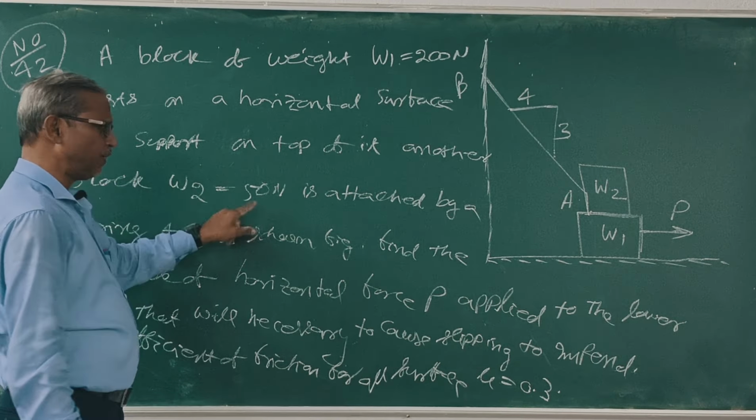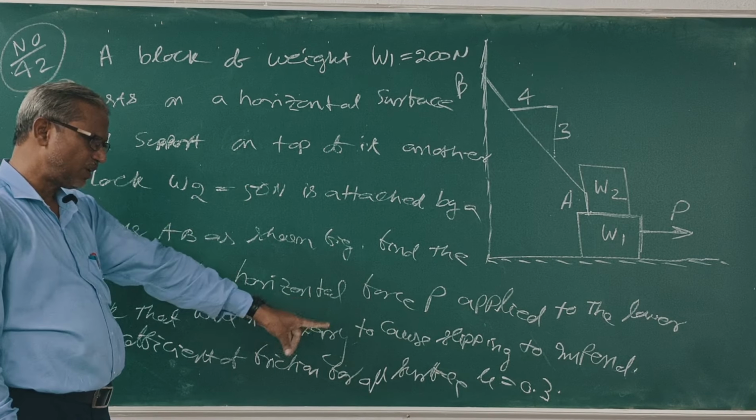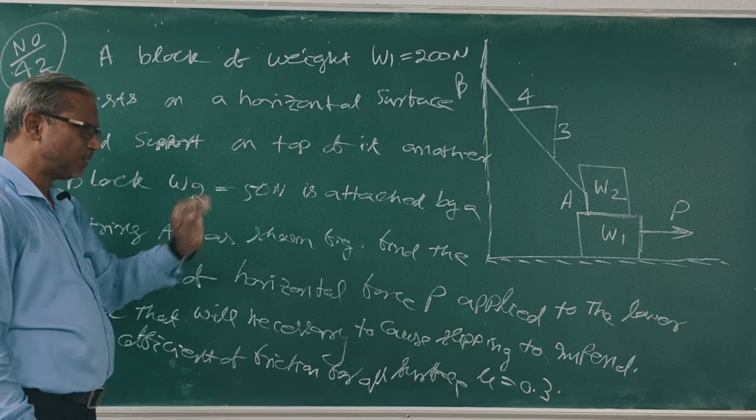Find the magnitude of the force P applied to block 1, the lower block, that is necessary to cause slipping to impend. That means it will not slip, cause slip. Take the coefficient of friction mu for both surfaces as 0.3. Clear? Very important question.